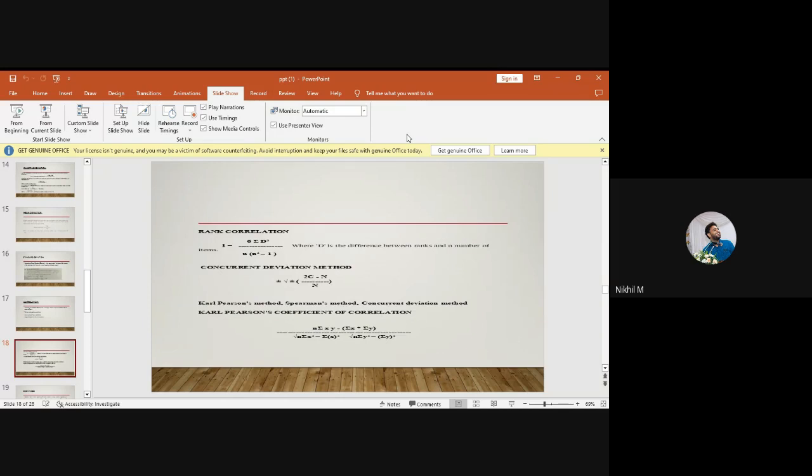The correlation value lies between -1 and +1.